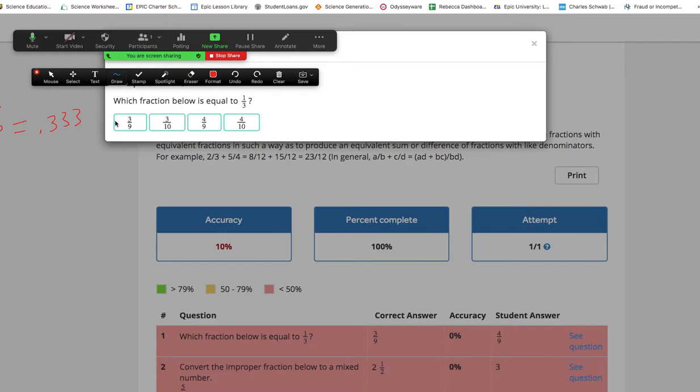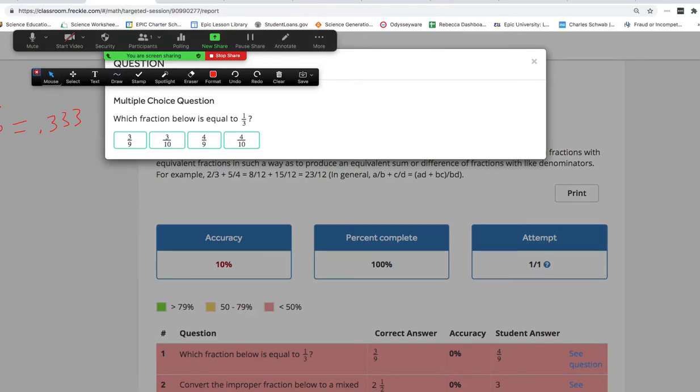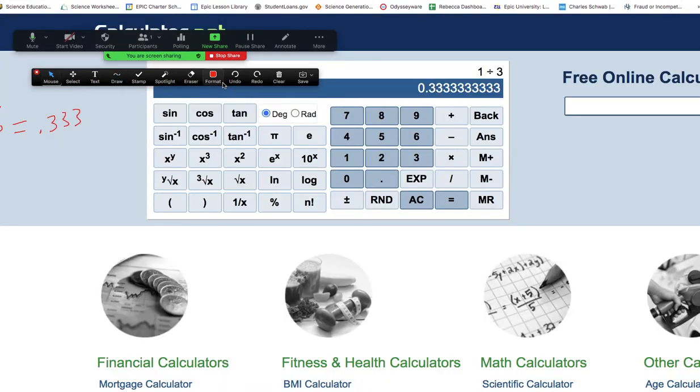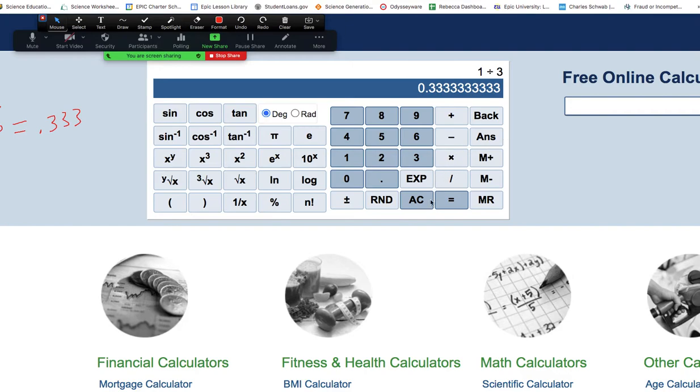Then you look at 3/9, and you say clear, 3 divided by 9, and that's 0.33. So that's going to be equal.